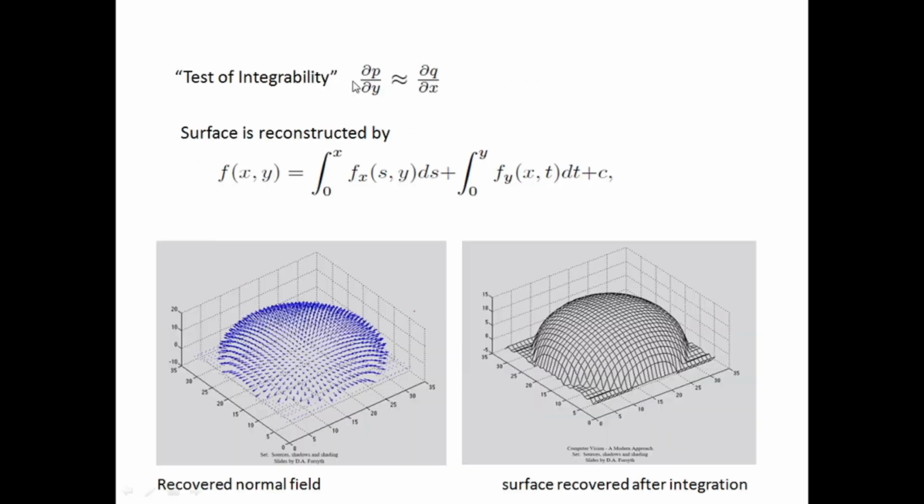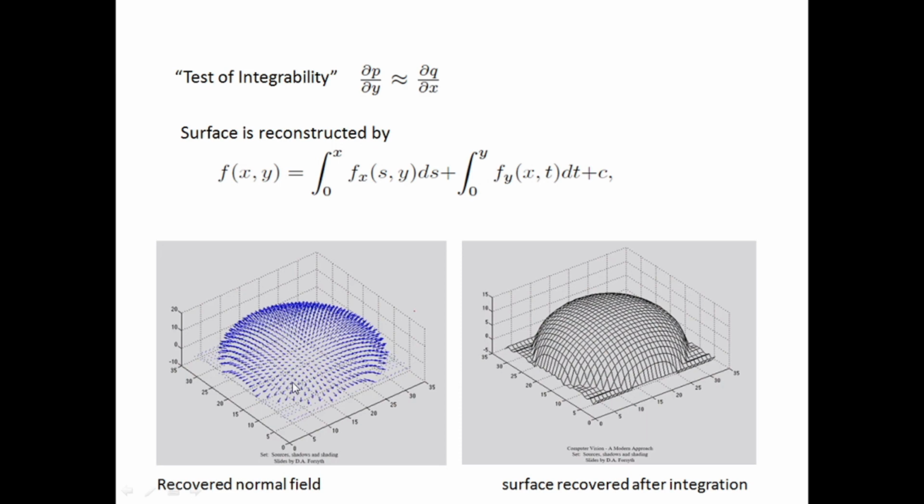So this is my test of integrability principle, that is dou p by dou y should be dou q by dou x, and the surface is reconstructed in this manner. So f of x comma y equals the integration over x of fx of x comma y ds, plus the integration from 0 to y of fy of x comma y dt, plus c, where c is a constant.